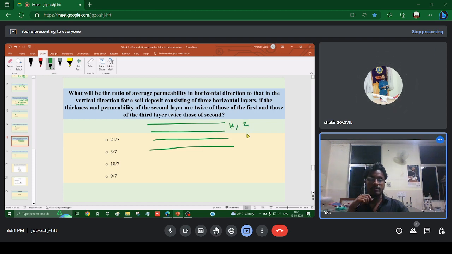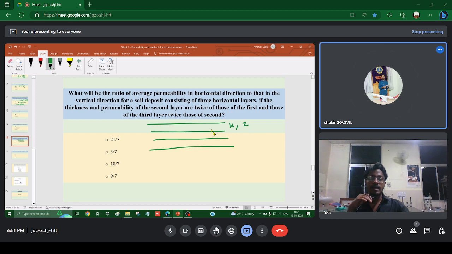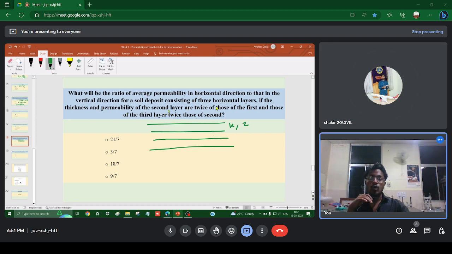K is the coefficient of permeability and z is the thickness. Second layer is twice of the first, thickness and permeability both. So twice means it will be 2k and 2z, isn't it? And third layer is twice of second. That is 4k and 4z. Clear?